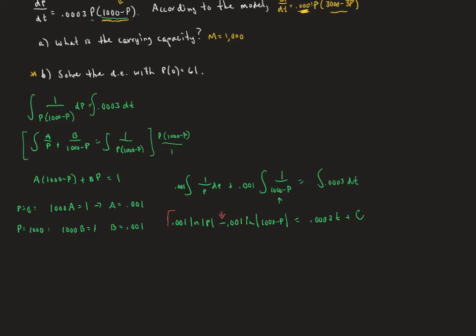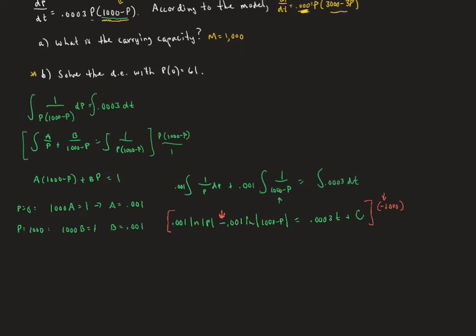So I'm going to get rid of these 0.001s, and simultaneously I'm going to change the order of this subtraction by multiplying by a negative 1,000.